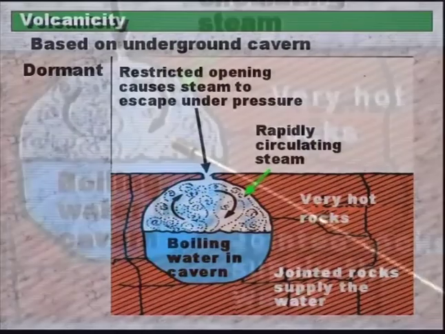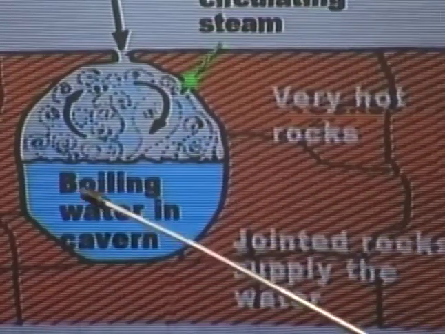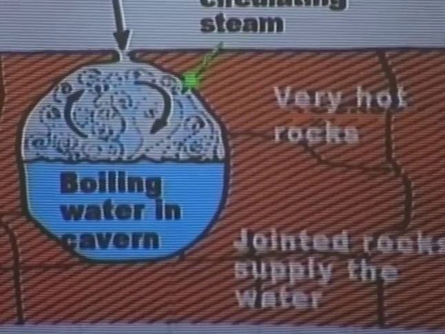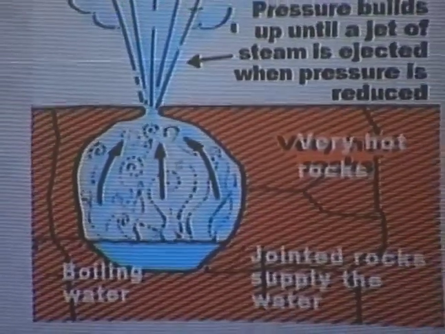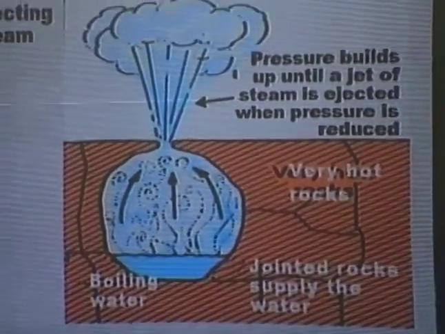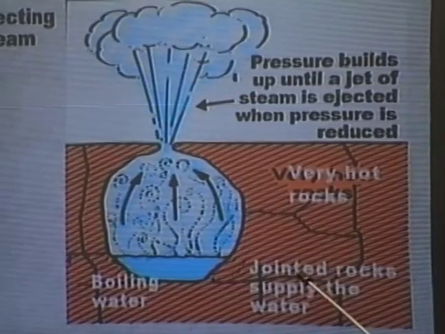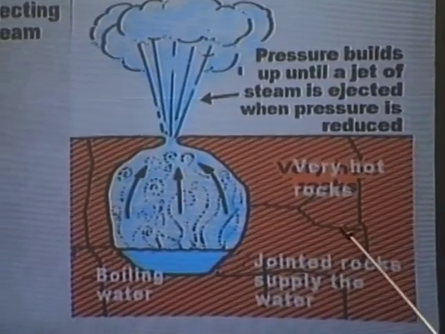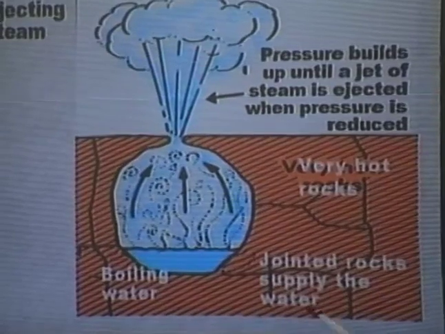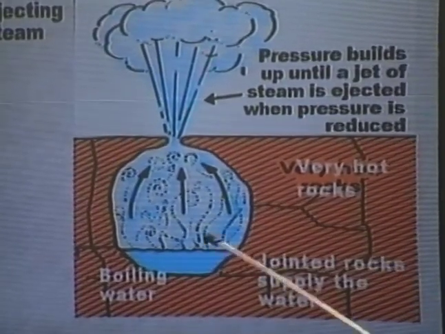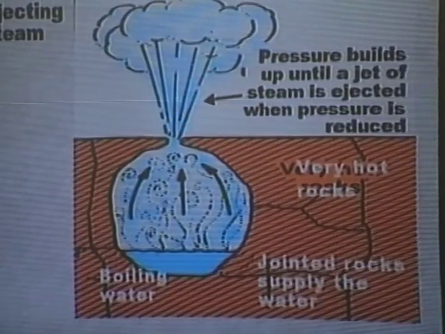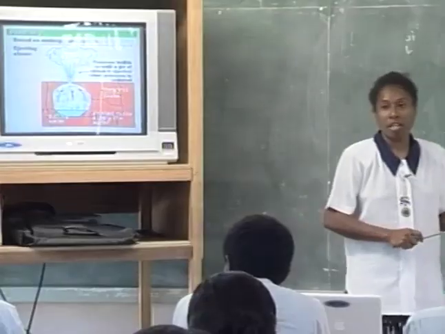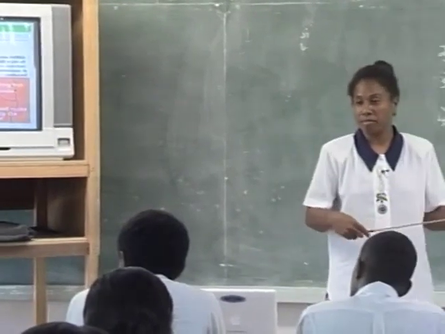Pressure builds up, and once the pressure is great within where the cave-in is, the steam is actually released in the form of a geyser. Okay, so those are stages in the development of a geyser, and we have the geographical structure of the rocks under the surface and the cave-in itself to have created this particular feature. Any queries or questions on that?